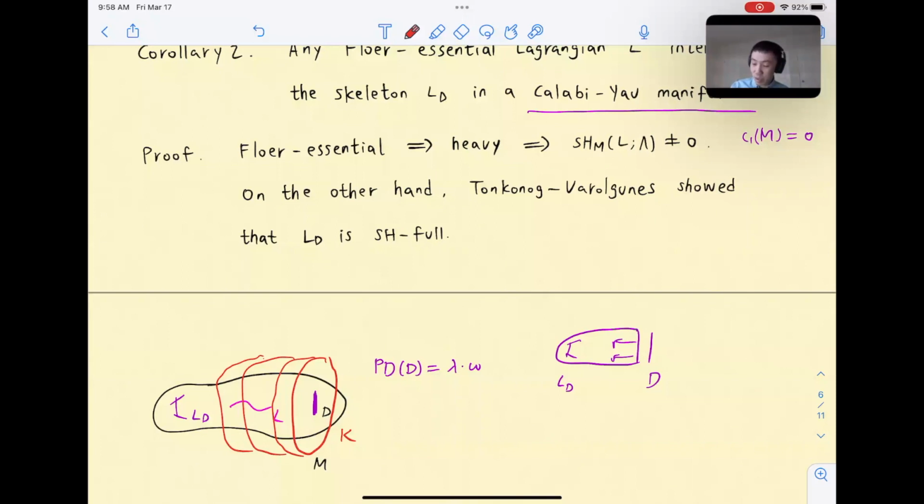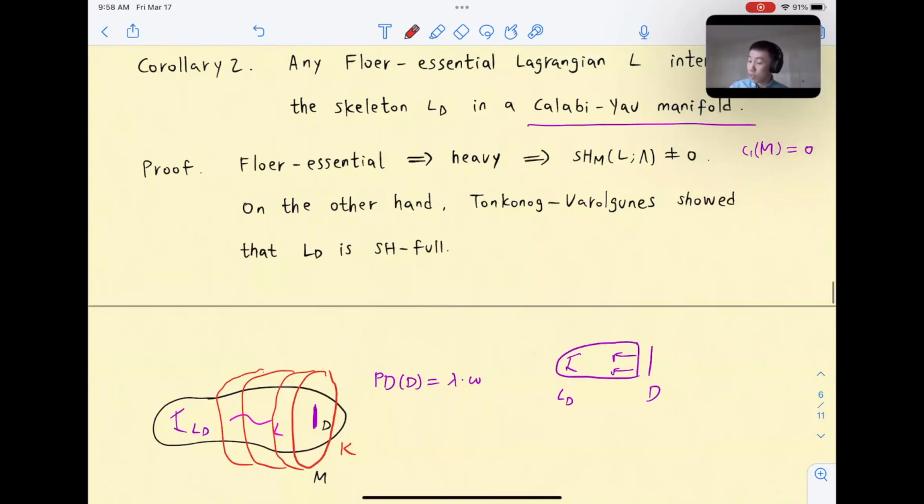compact set K which is away from the skeleton, it must be inside of some of those enlargements, which has vanishing relative symplectic cohomology.